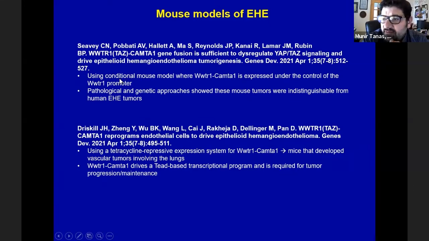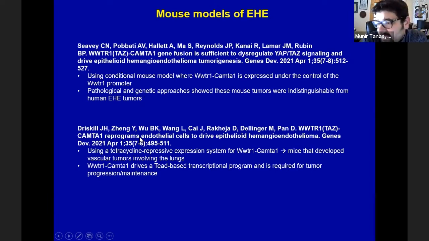As you can see over here, this mouse model used a conditional approach where the WWTR1-CAMTA1 fusion gene was expressed under the control of the WWTR1 promoter. Interestingly, just to underscore how closely these tumors resemble the human tumors, both pathological and genetic approaches show that these mouse tumors were virtually indistinguishable from the human EHE tumors. This really underscores how reliable this mouse model is.